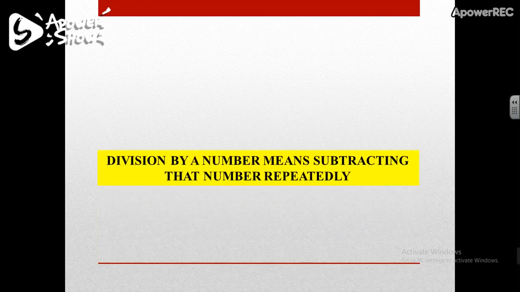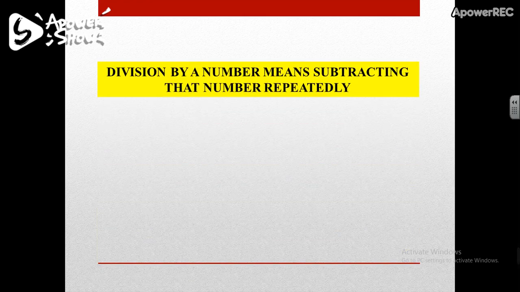One more topic which we are going to learn in this session is division by 0. Before this, we took all those examples where we are dividing one whole number by another whole number except 0.